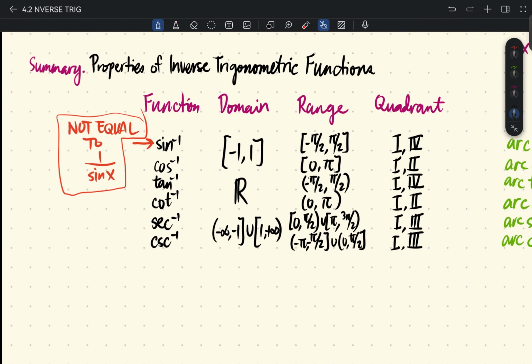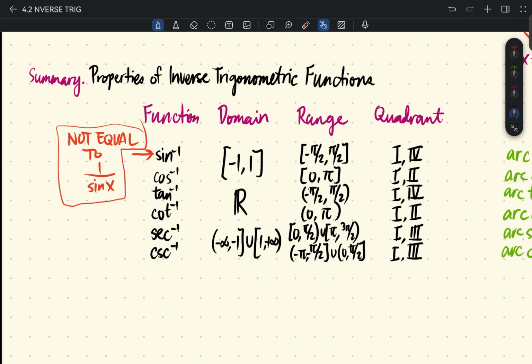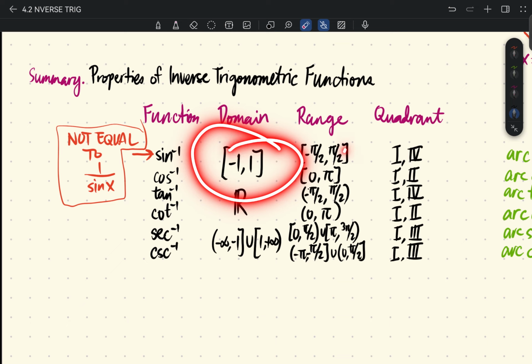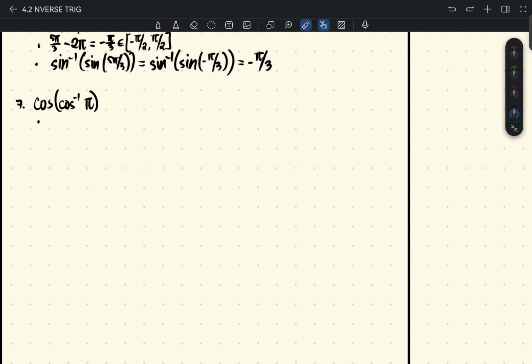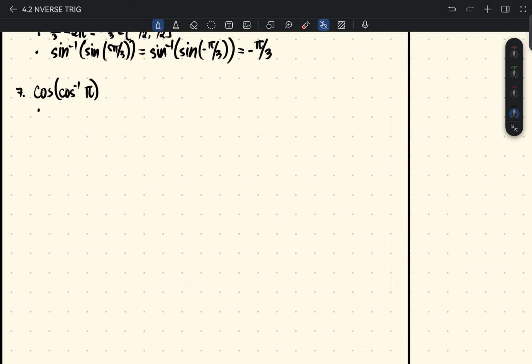The domain of cosine inverse is negative 1 to 1, and clearly pi is not inside that. Why? Pi is greater than 1. So pi is not inside the domain of cosine inverse.